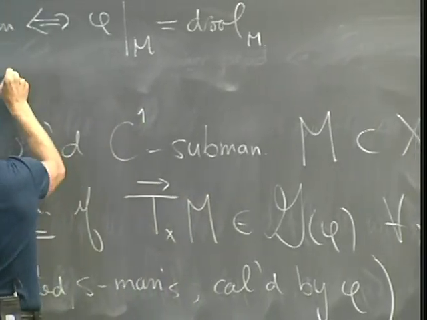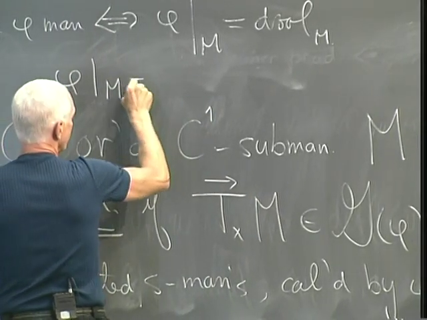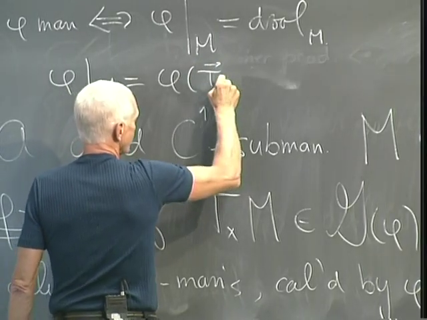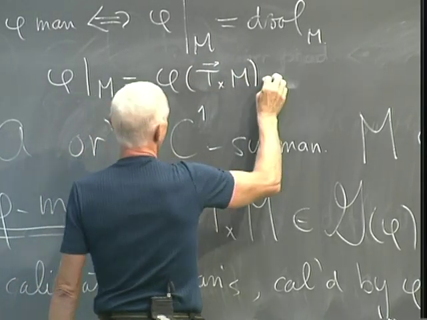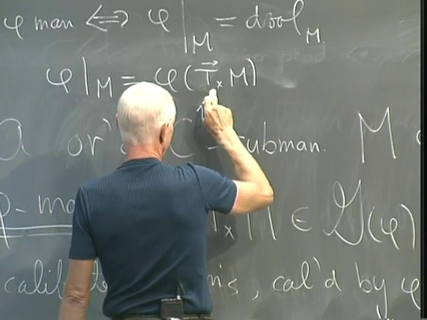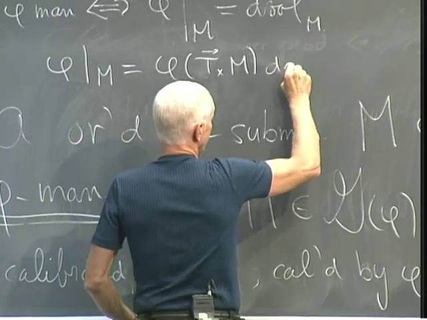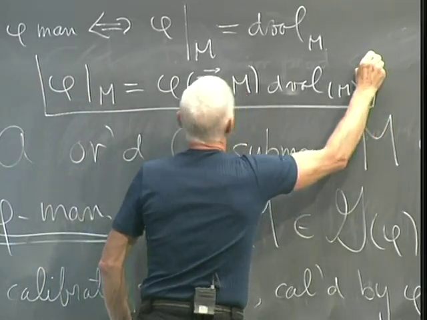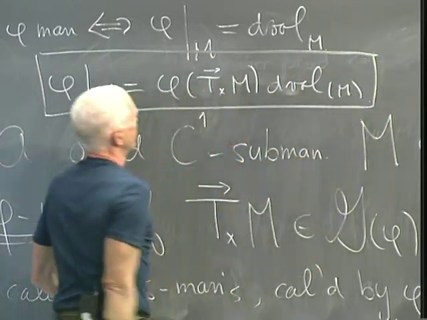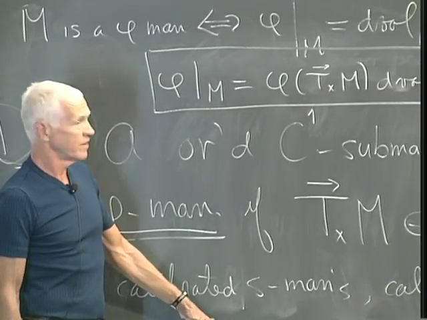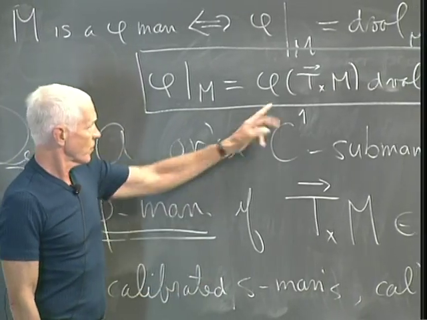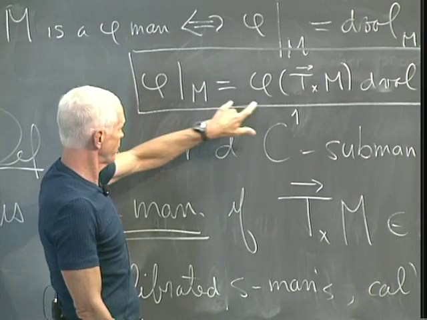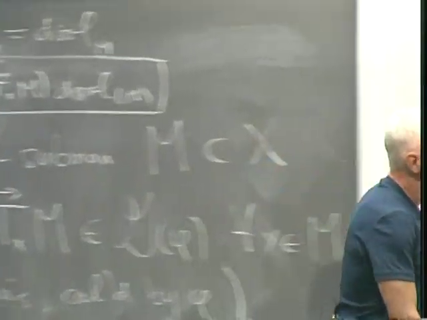Phi restricted to M is the same thing as phi applied to the unit tangent vector to M, and then d vol of M. This is a basic fact. And so exactly what happens is that you have a phi manifold if and only if this is true.